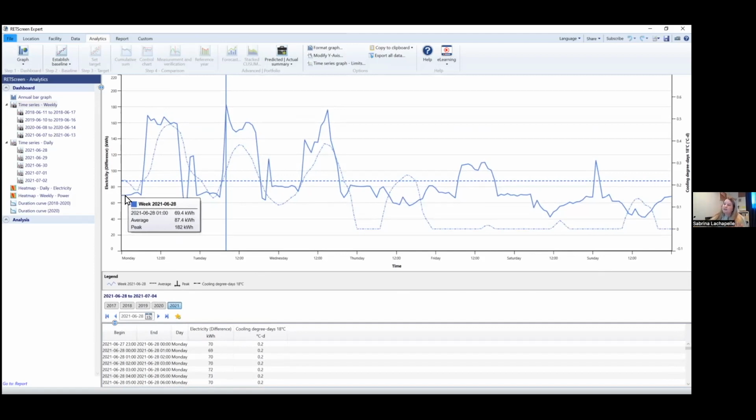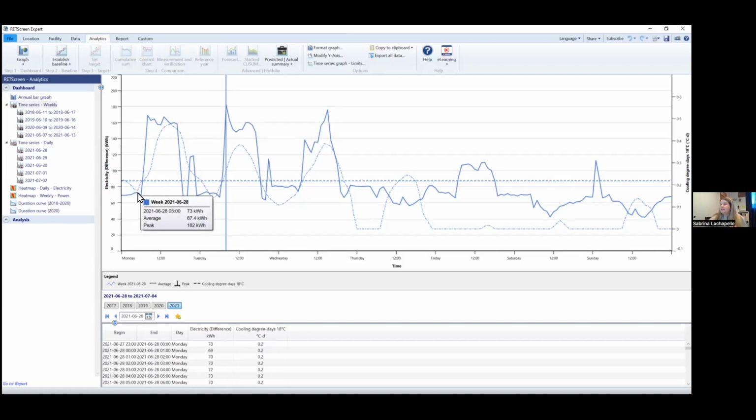For this analysis, we've decided to group the data on an hourly basis to be able to make a comparison with the weather data that we also have on an hourly basis, but you could have decided to analyze on a 15-minute basis, since this is how your data are available.